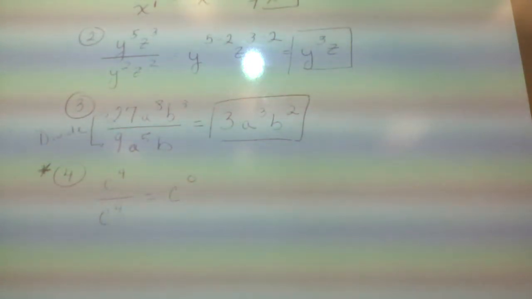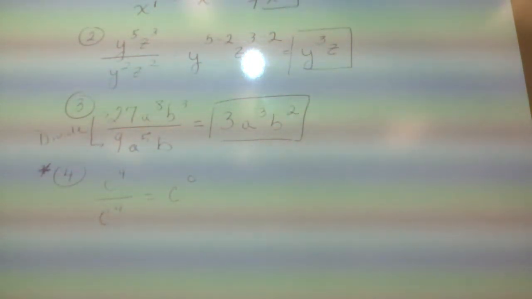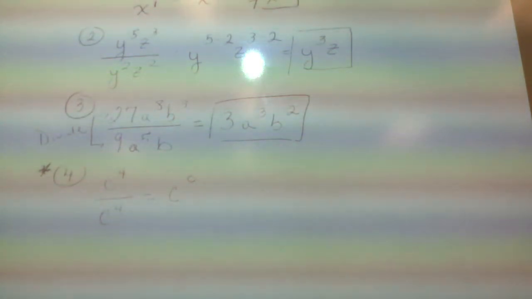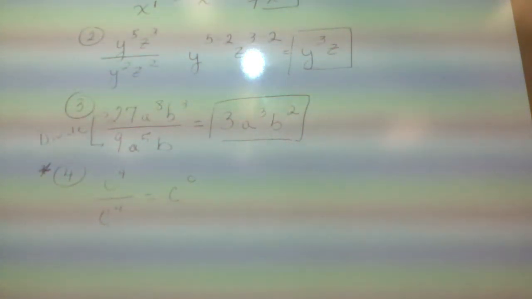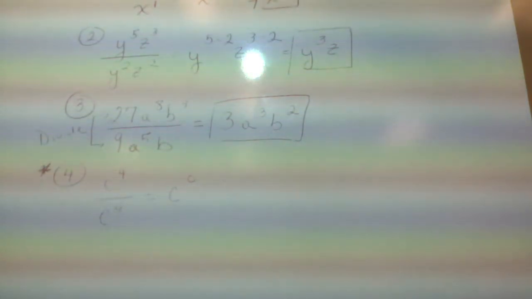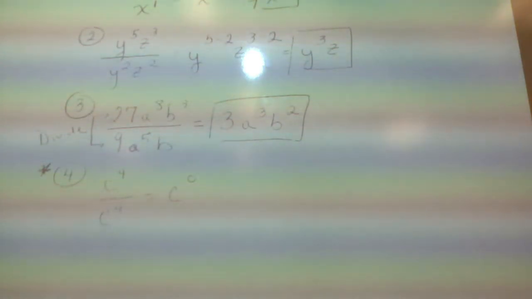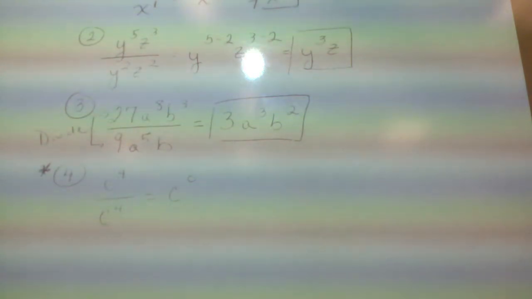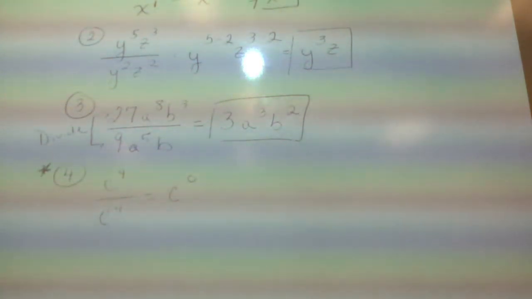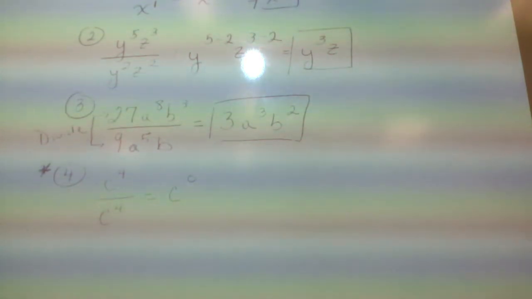I cannot leave an answer with an exponent of 0. If you try to put anything in your calculator with an exponent of 0, it's going to give you a specific number, but suppose you didn't know that.